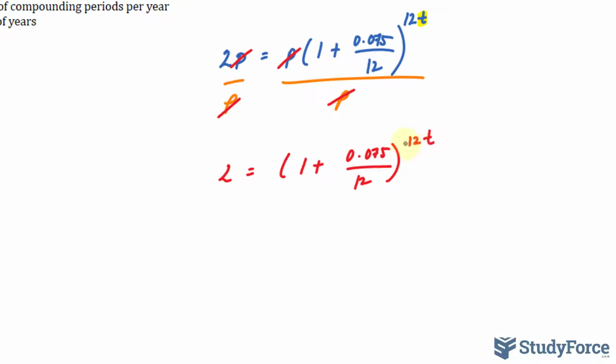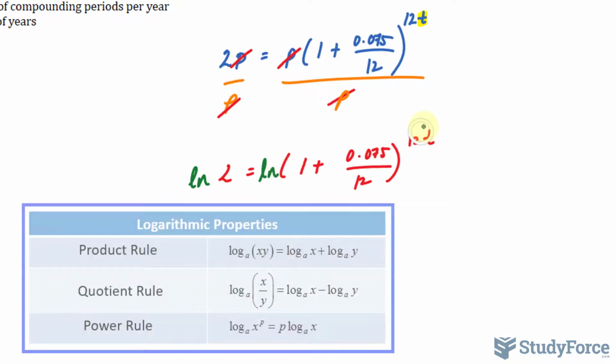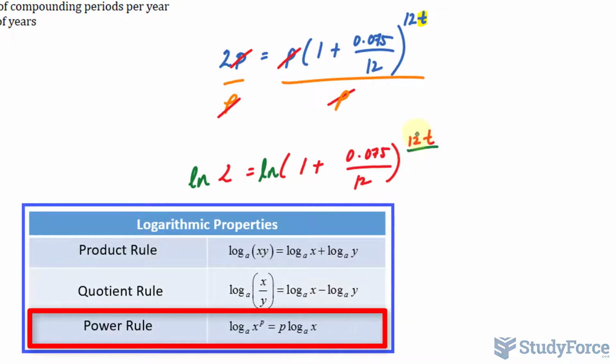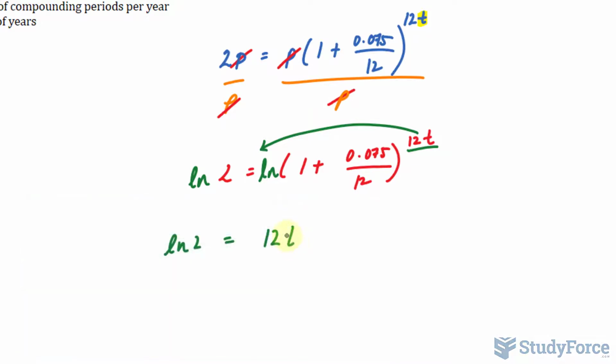Remember, we need to isolate for t, and it's in the exponent position. So to get it down in a location where we can isolate it, we have to ln both sides, because lnning both sides will take the exponent, according to the logarithm laws, and make it a product of the expression. So I have ln 2 is equal to 12t times ln 1 plus 0.075 over 12.